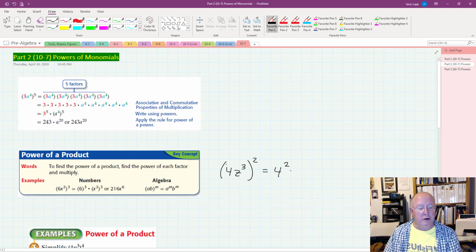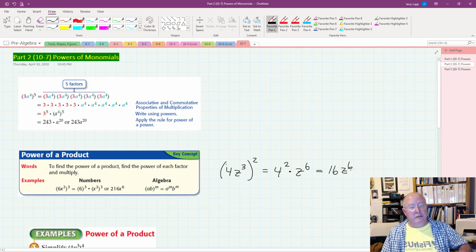So that's 4 squared, times, and now we have the variable part, z to the 3rd. So z to the 3rd times 2 would be z to the 6th. So this answer would be 16 z to the 6th.